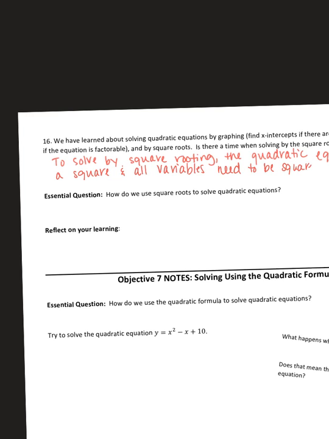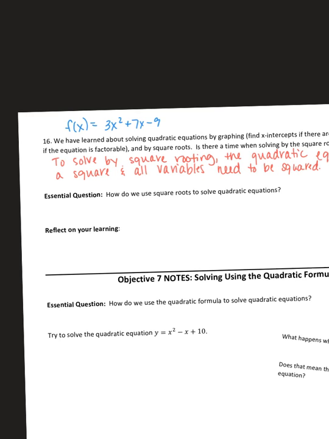So when we think about the three forms of a quadratic, we've got standard form. So an example of standard form might be like f of x equals 3x squared plus 7x minus 9, okay?